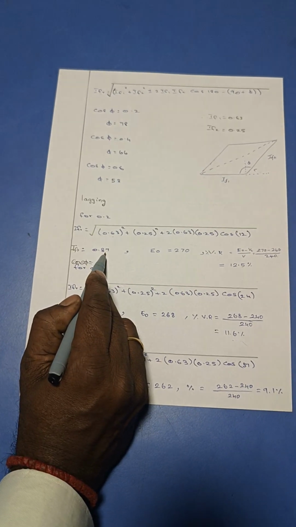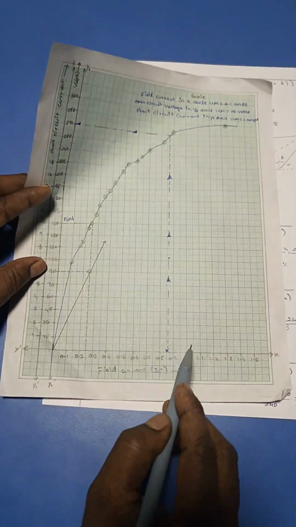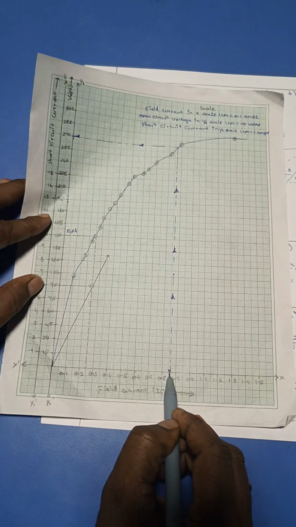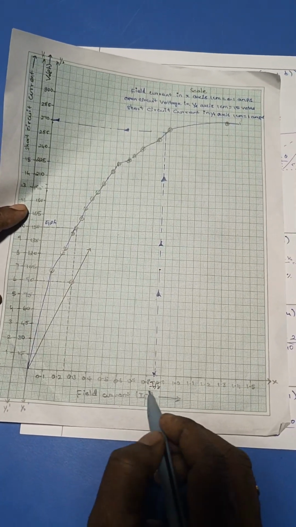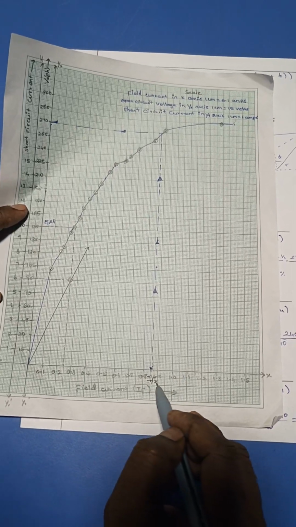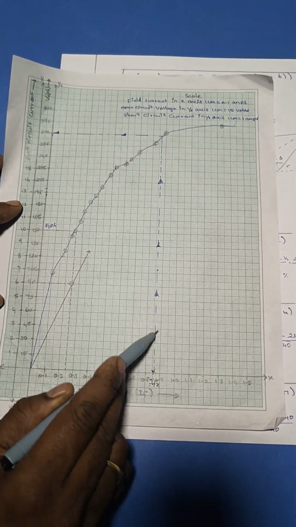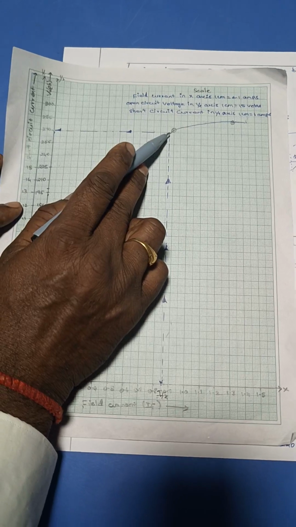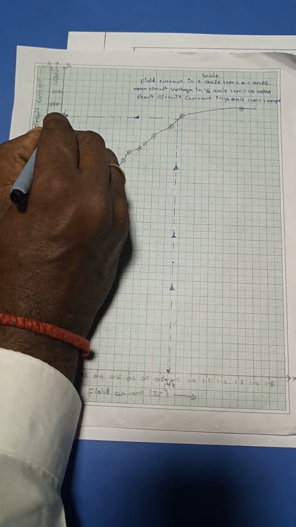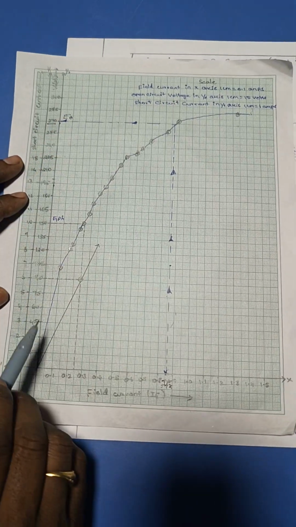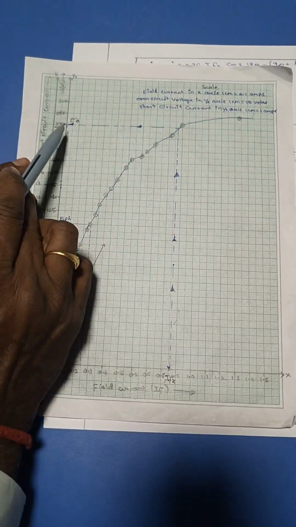Here it is 0.87. This is the IFR, the resultant field current we got from the MMF calculation. The corresponding voltage along the OCC curve is 270. This is nothing but E0. This is what we have to calculate to find the regulation.